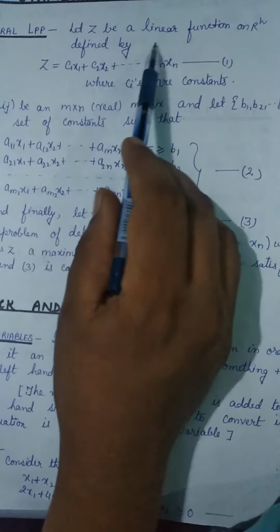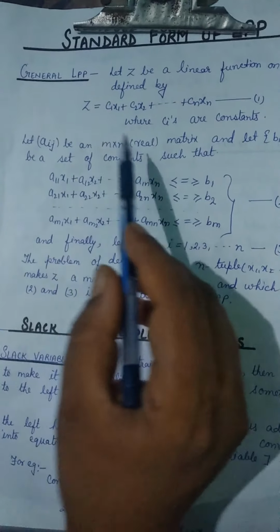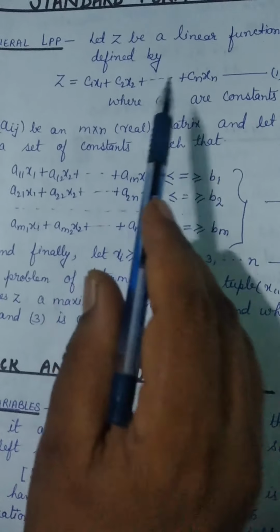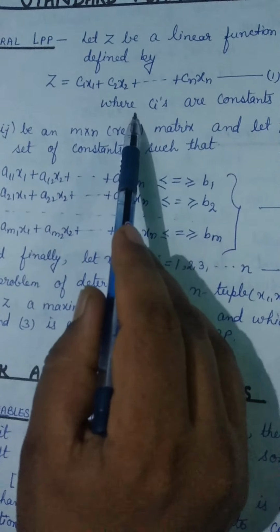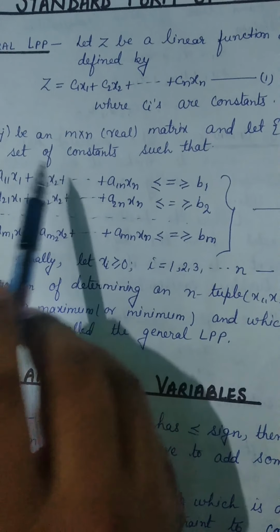Let z be a linear function on Rn, which is defined by z = c1x1 + c2x2 + ... + cnxn, where ci's are constants.